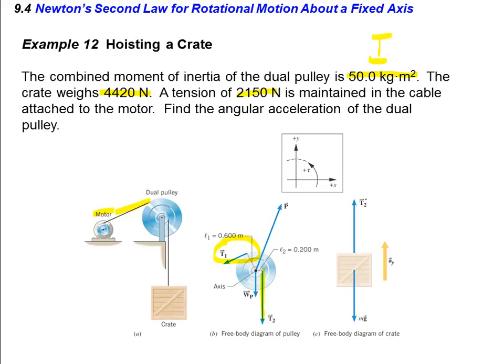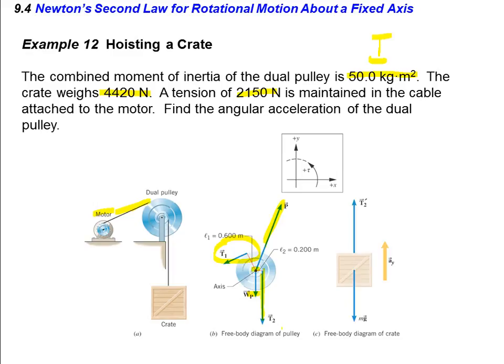There are two other forces acting on this, the pushing force, or the normal force, from the pulley onto its support, and the weight of the pulley. The nice thing about those is they are not applying any torque whatsoever, since the distance from the axis of rotation is 0. So we don't have to worry about those two forces in our torque equation, just T1 and T2.